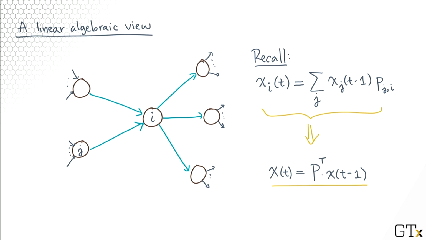Now from this notation, you can write down a simple matrix model of the surfer's behavior. x(t) equals P transpose times x(t-1). Take special note of the transpose. Its presence is a consequence of two conventions. First, x(t) is a column rather than a row vector, and p_ij is row i and column j of P.